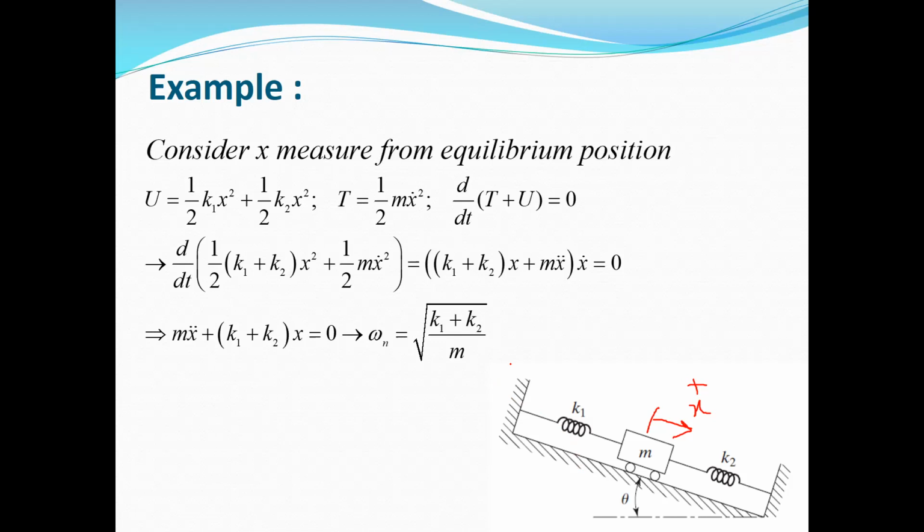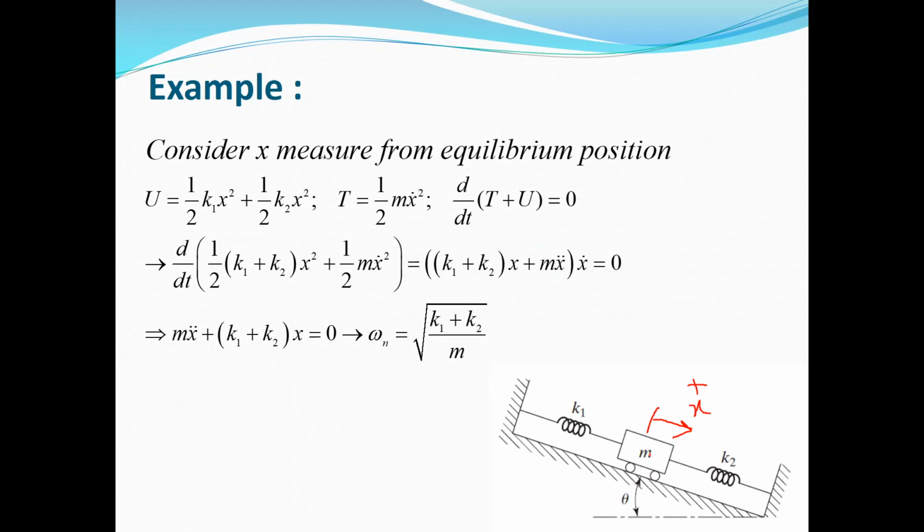To derive the equation of motion for this system, we can use two different methods. The first option is Newton's second law, and the second one is the energy method. Here I use the energy method. If you wanted to use, for example, Newton's second law, you can easily plot the free body diagram for this system.